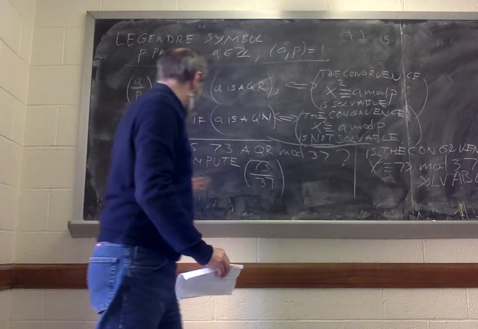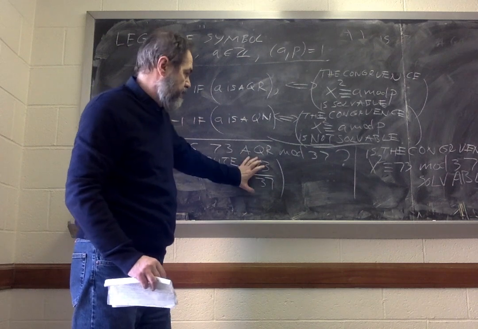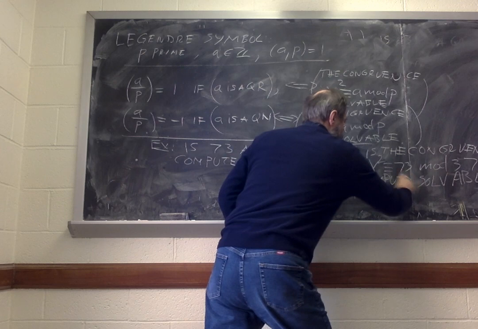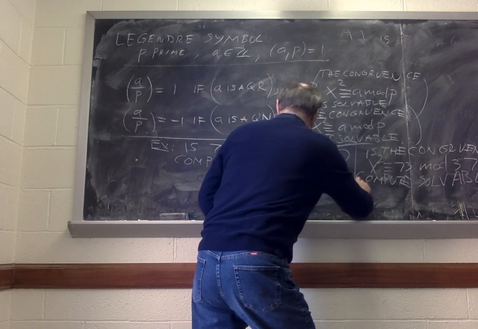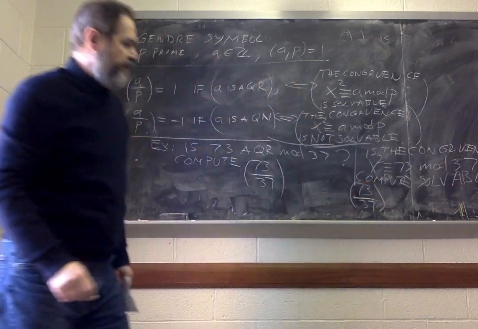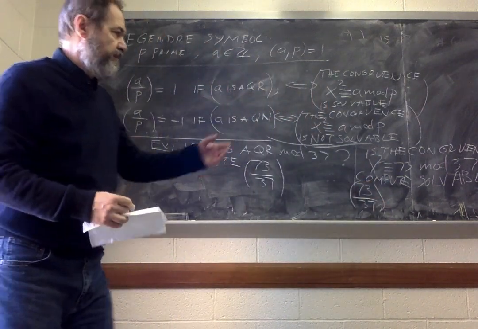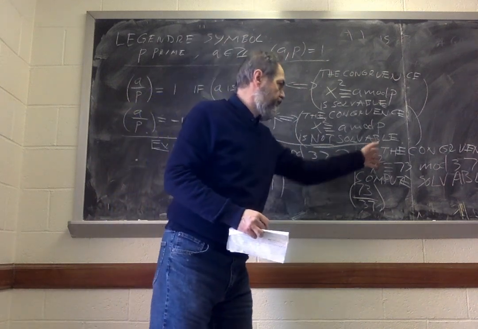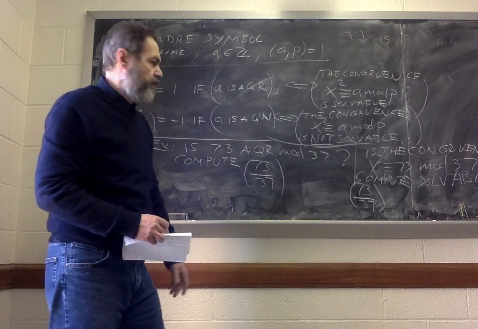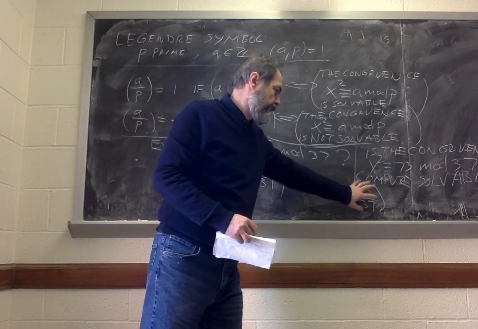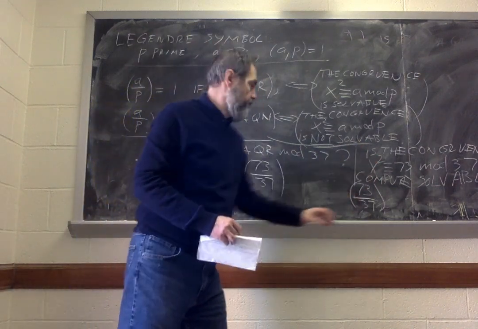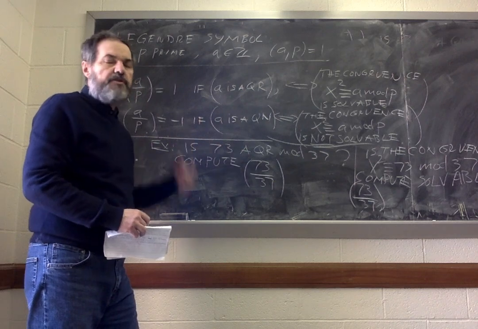I compute the same symbol, 73 over 37, and see what it is. If it's 1, yes, the congruence is solvable, and yes, 73 is a quadratic residue. If the symbol is equal to minus 1, then the answer is no, the congruence is not solvable, and a is not a quadratic residue.